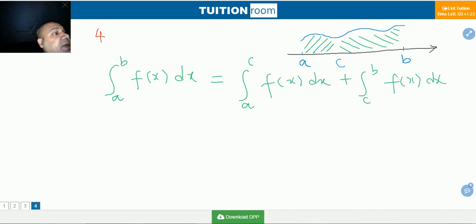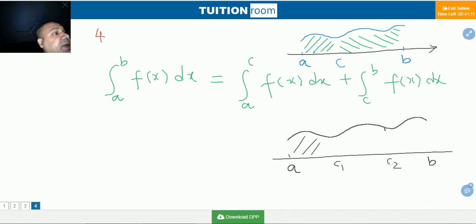The required area that we have to find can be broken into as many parts as we like. Suppose I break it into three parts: this area, then this area, then this area.